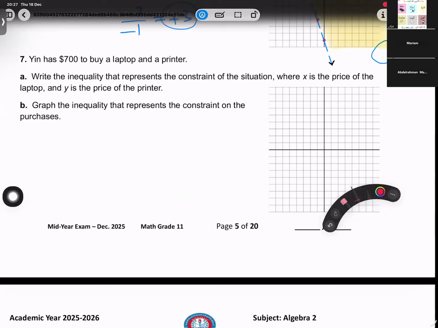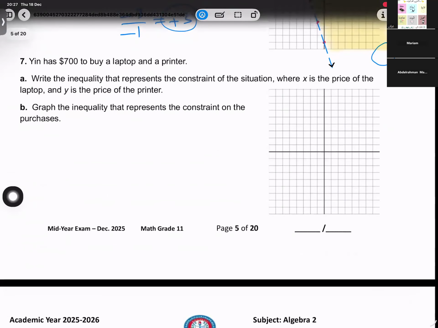Ian has $700 to buy a laptop and a printer. Write an inequality that represents the constraints of the situation, where x is the price of the laptop and y is the price of the printer.